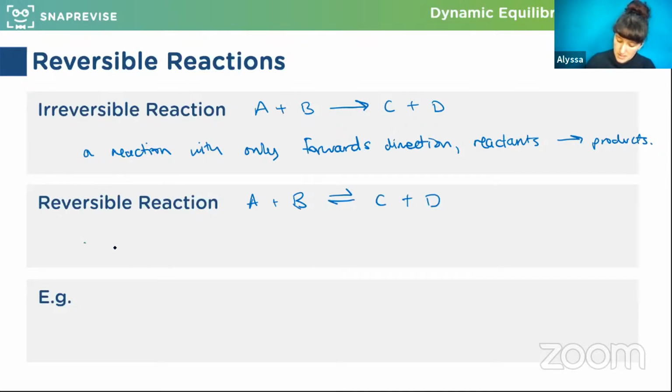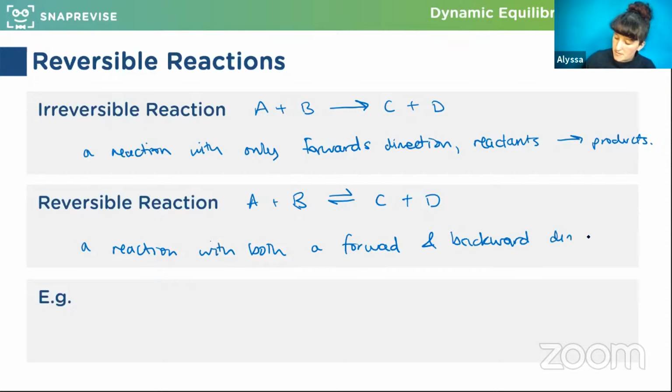A reversible reaction is a reaction with both a forward and backward direction. Lovely.